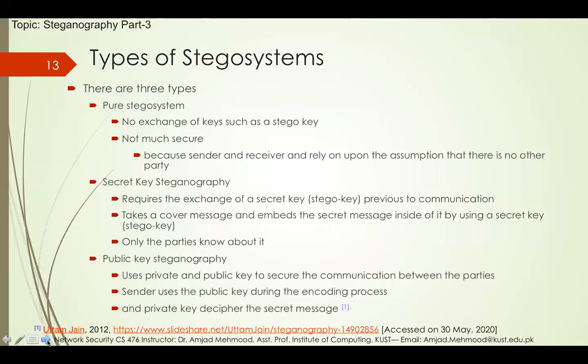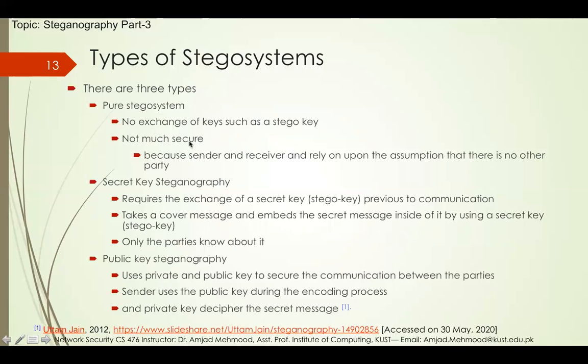Now, these are the types of stegosystems. There are three types: pure stegosystem, secret key steganography, and public key steganography. In pure steganography, there is no exchange of keys such as a stego key.